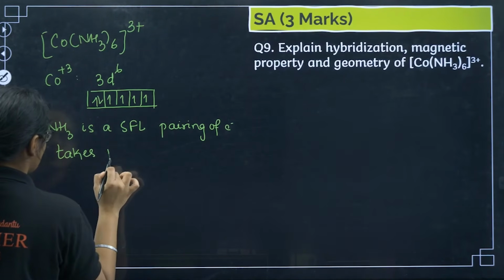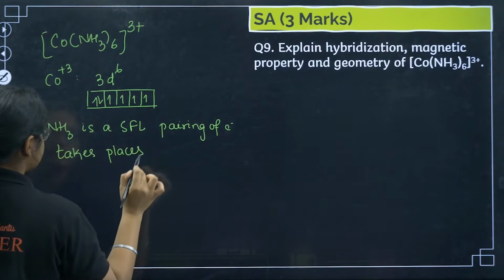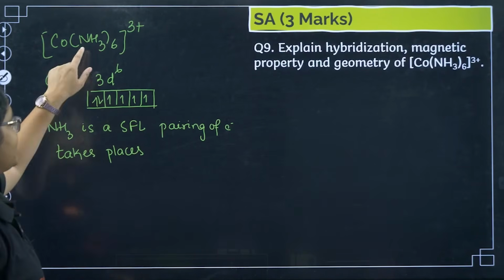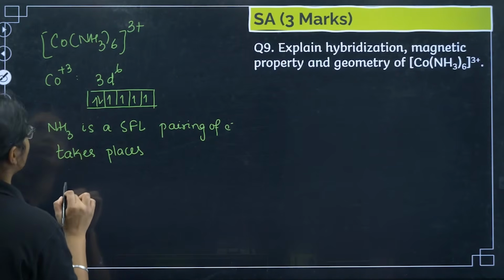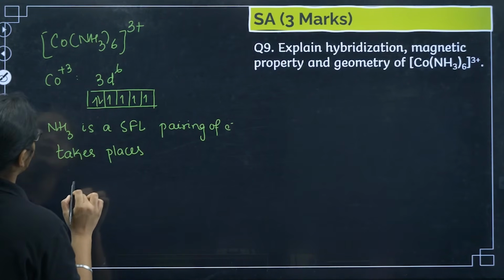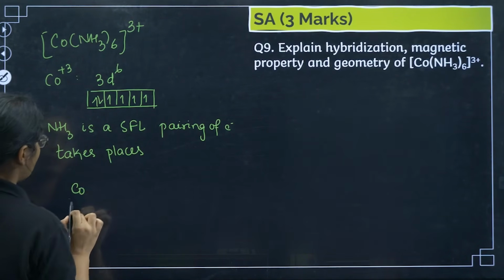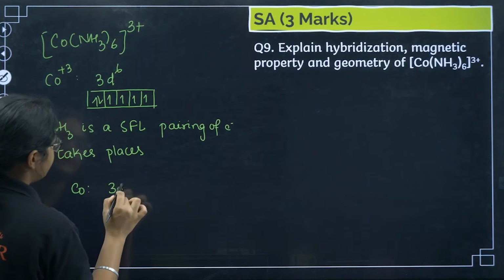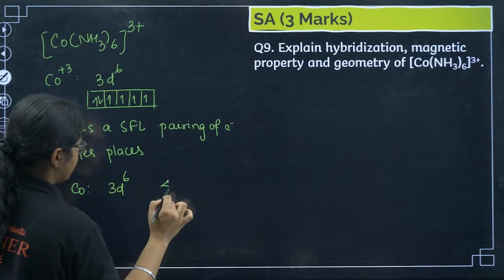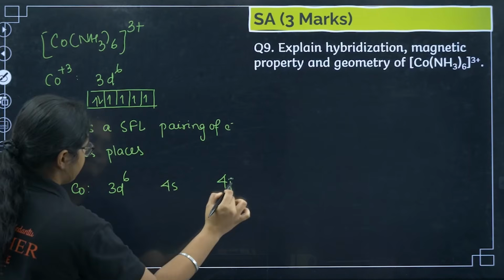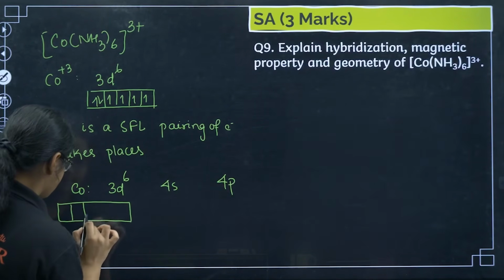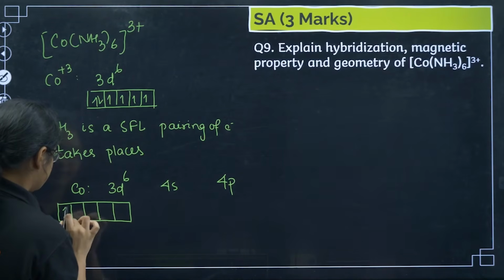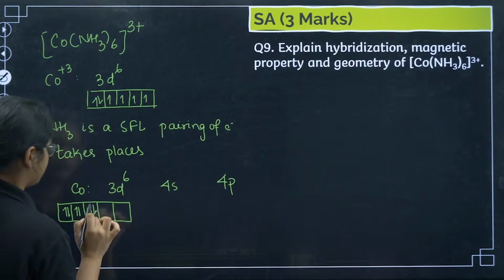Okay. So if pairing of electrons takes place, we have to pair it in such a way that I need 6 vacant orbitals for the NH3 to donate electrons. So you have like this, Co, I can write 3d, and then I have 4s and I have 4p, right? So I'll draw 3d like this, 3d6. So pairing of electrons takes place.